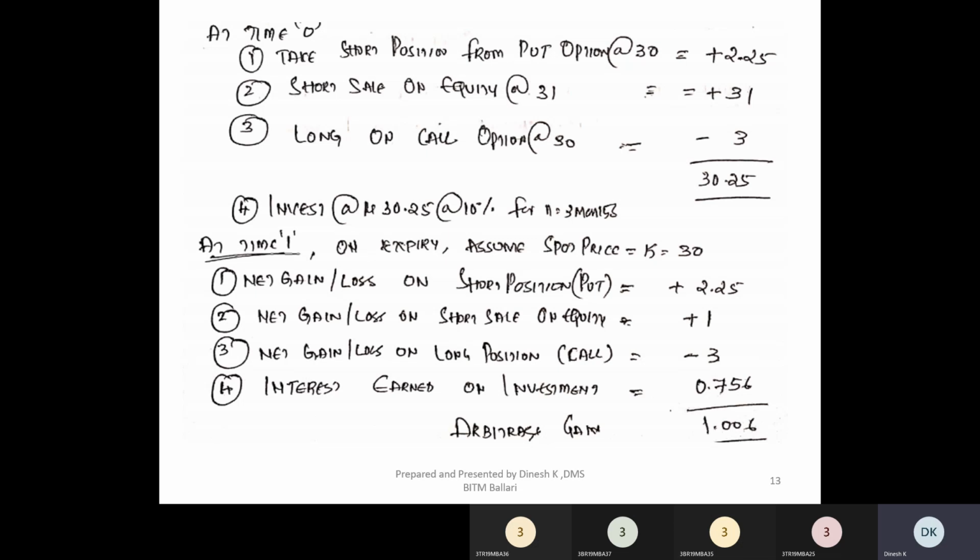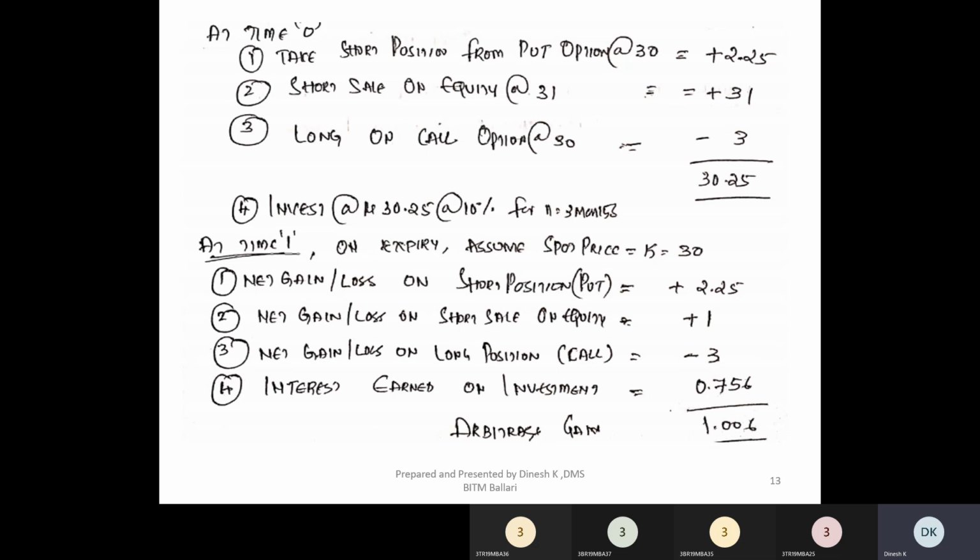When you want to calculate the interest, you need to apply the principal plus interest formula, that is P(1 + R × T). P is 30.25, open the bracket, 1 plus, because you will get both principal and interest amount, the risk-free rate 0.10 multiplied by 3 divided by 12.